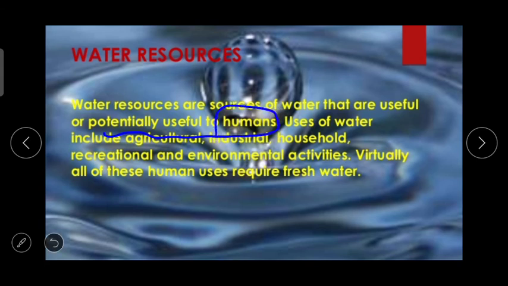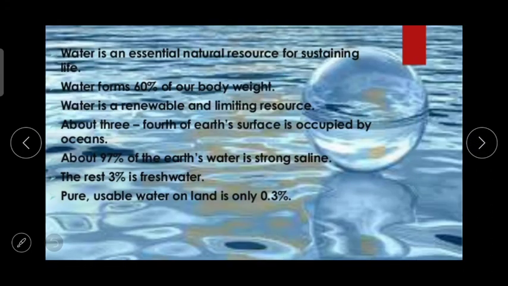Uses of water include agriculture, industrial, household, recreational and environmental activities, which means that we can't imagine any project or anything without water. Virtually all of these human uses require fresh water. So the entire living world depends on this resource. Water is an essential natural resource for sustaining life.